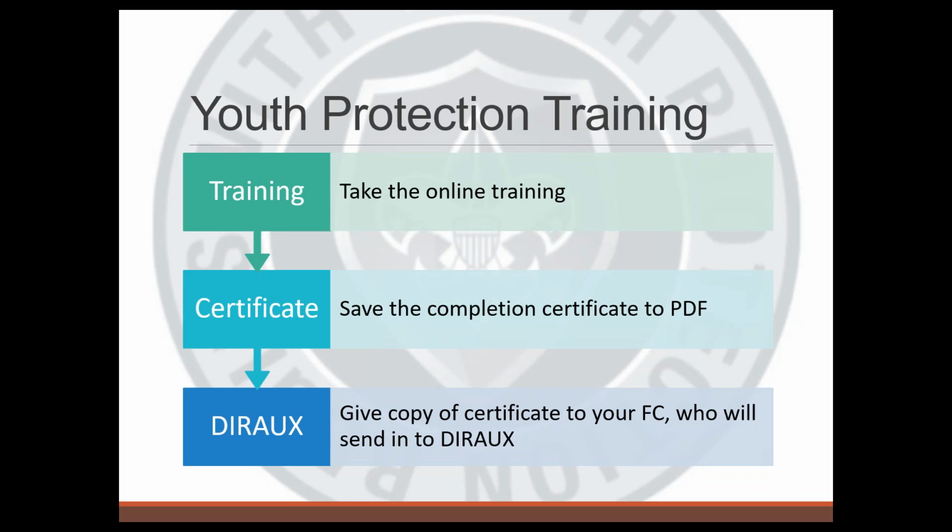Remind members that upon completion of YPT training, they should save their completion certificate and give it to their flotilla commander, who will send it in to DIROX for entry into AuxData. An auxiliarist may be asked to show it at Scout events, activities, or camp.